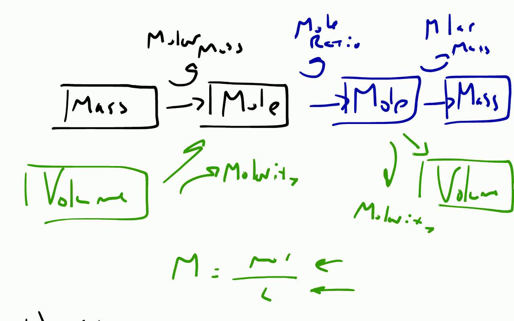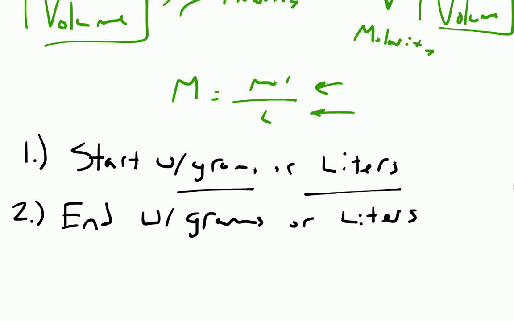You go from mass to volume, like we already talked about. We can go from volume to mass, or you could do volume to volume. Either way, you have two options for what you start with, and you have two options for what you end with. You just have to look at the problem to identify what unit you are given, and what unit you are supposed to end with.